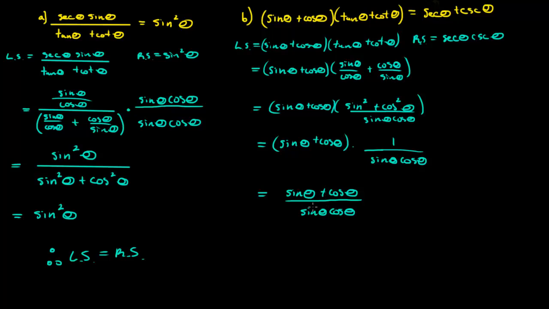Now let's reevaluate what we're trying to do. So we've simplified this to sine theta plus cos theta over sine theta times cos theta. What we're asked to show is that this is equal to the right side, which is secant theta plus cosecant theta. Oh, whoops, I think I did not write this properly. This should be secant theta plus cosecant theta.